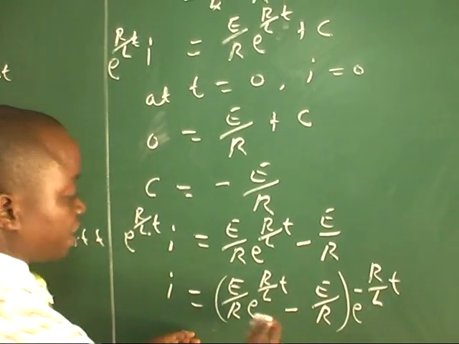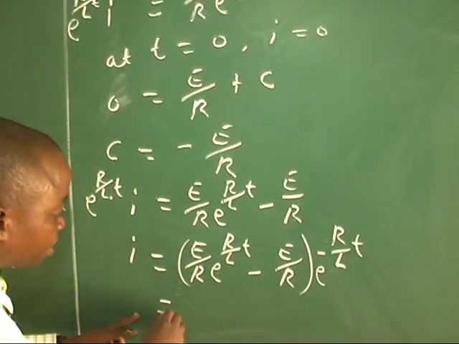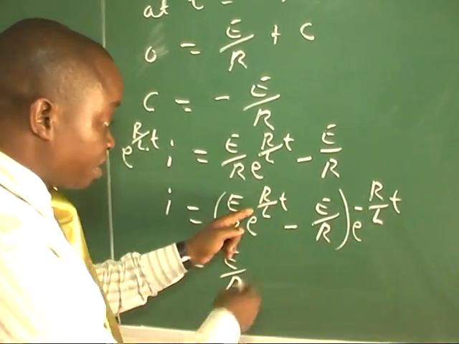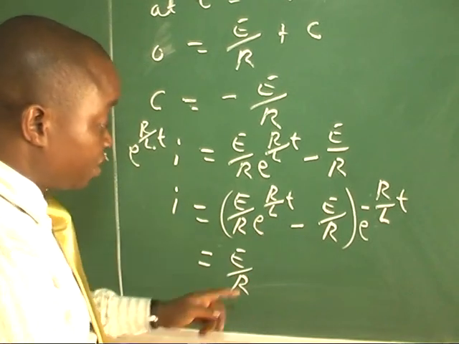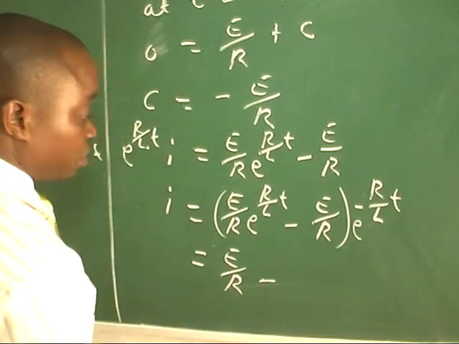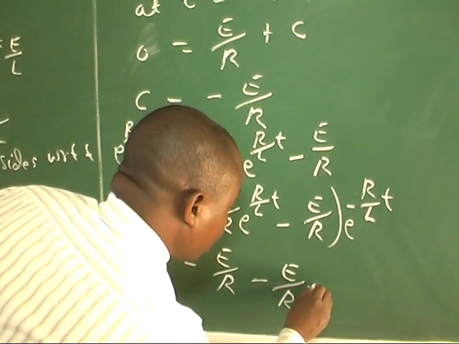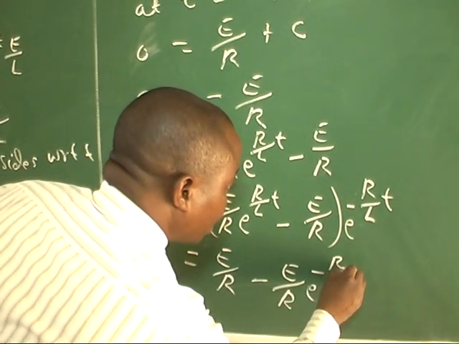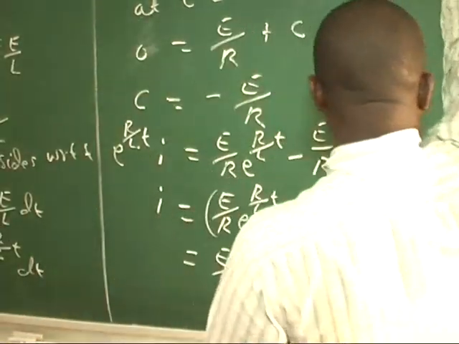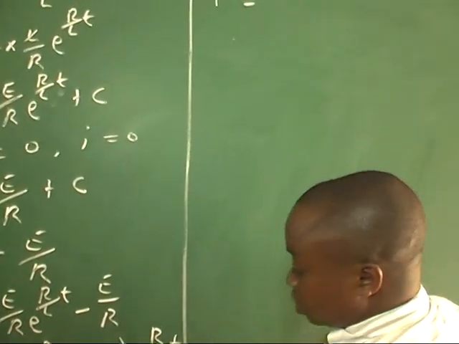But I want to use it and times here. If I use this and times here, definitely what I will have here will be E over R, because this one plus this will give me 0, and anything raised to 0 is 1. Then this times this will give me E over R exponential minus R over L t.